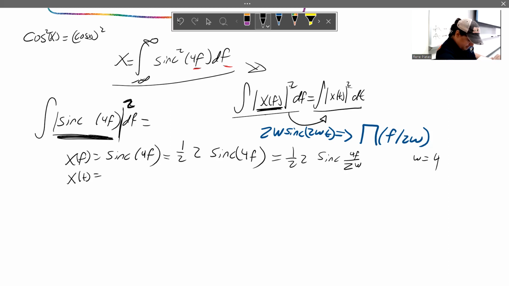Almost got it. My brain's hurting. So we don't want this two here, actually, we want the four because of this W. It's going to be 1/2 W, or 4. I guess it has to be 4. 1/4, 4. 1/8, 8.